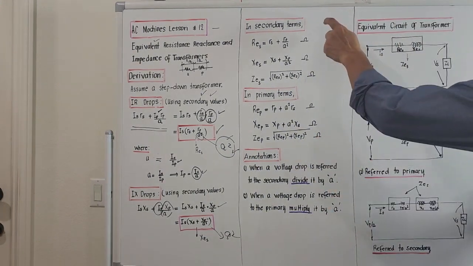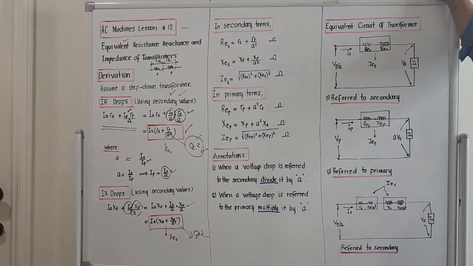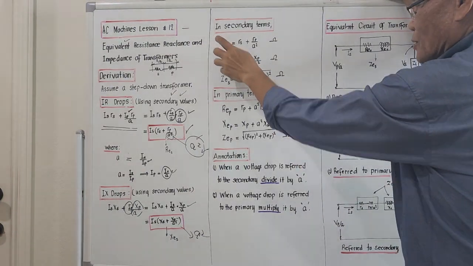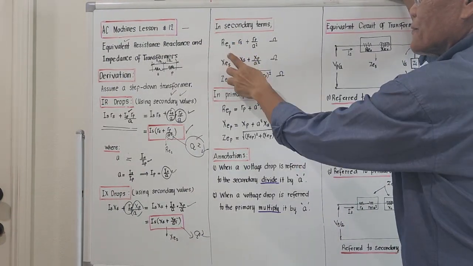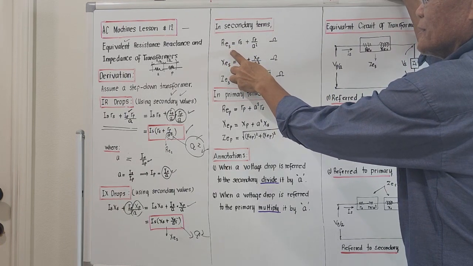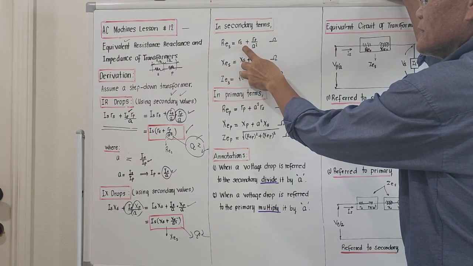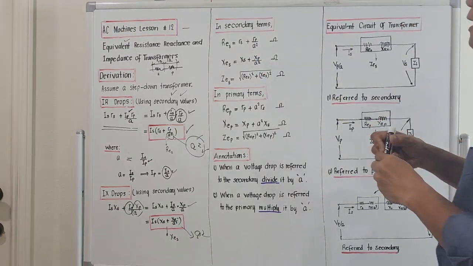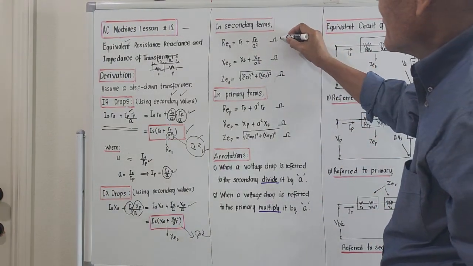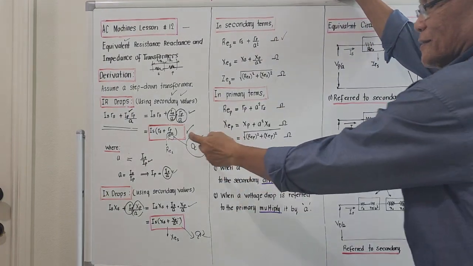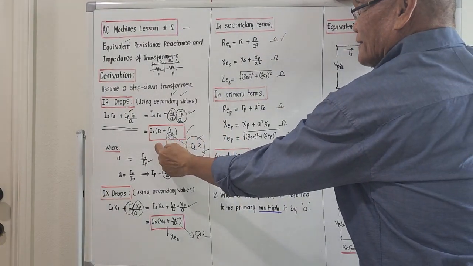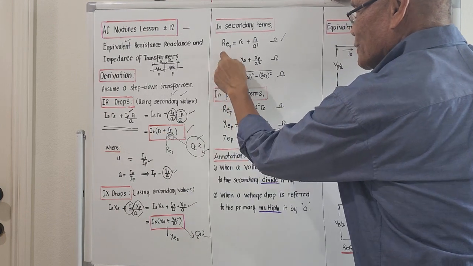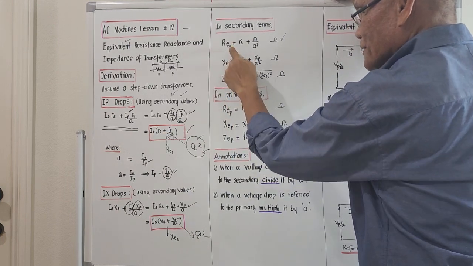So in secondary terms now, the total resistance or the equivalent resistance referred to the secondary should be Rs plus Rp over A square, and the unit is ohms. Where does this one emanate? It is from this one. Because the single equivalent of this is referred to as the equivalent resistance referred to the secondary.